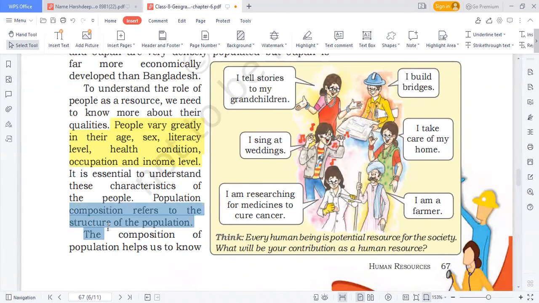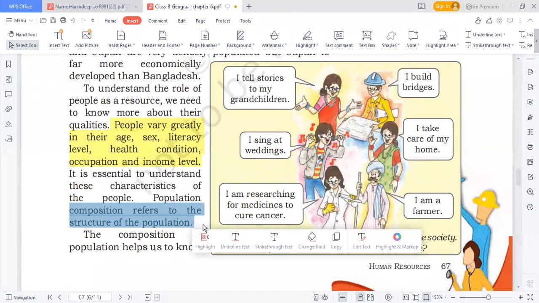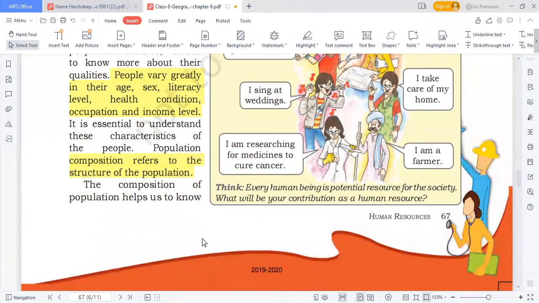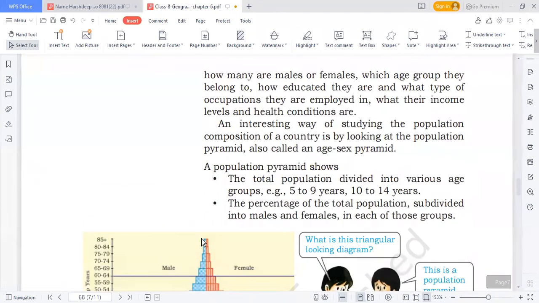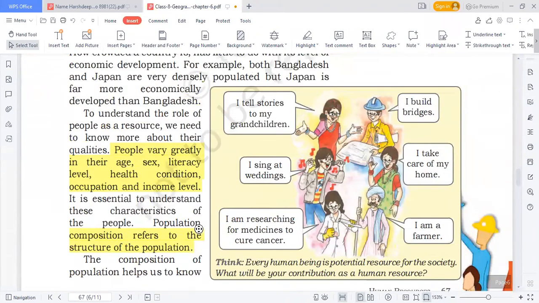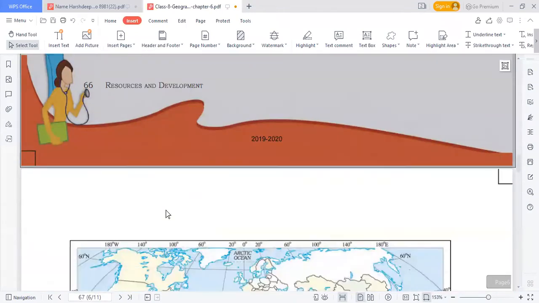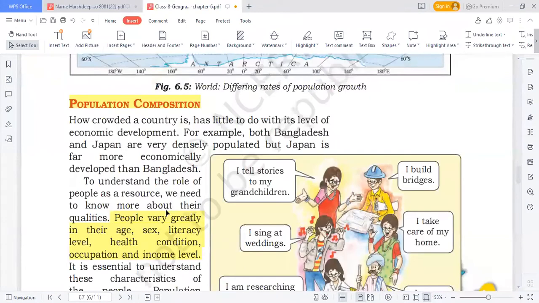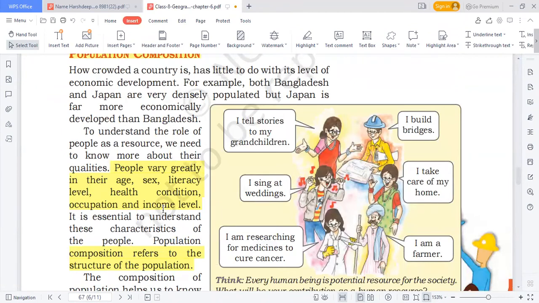Composition refers to the structure of population. Now pay attention to your screen. Population composition refers to the state in which we study the population in relation to age, sex, literacy level, health conditions, occupations, and income level. Clear? Tomorrow we will continue with the population composition.